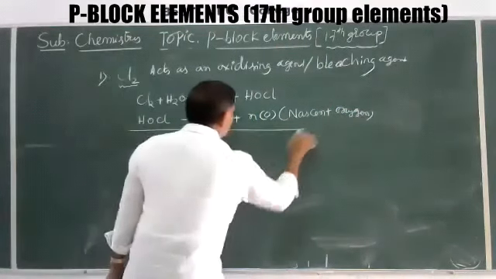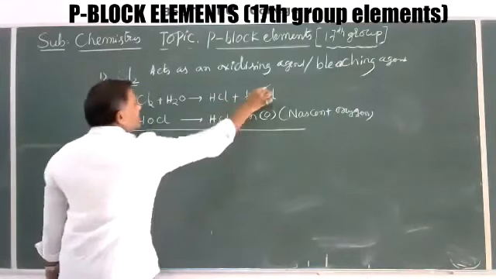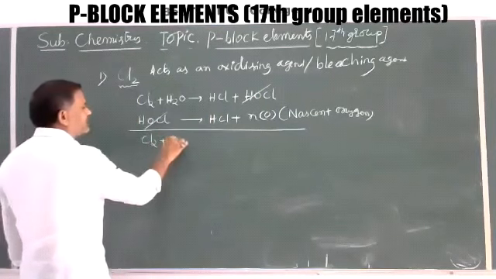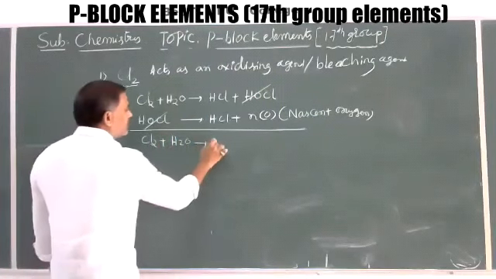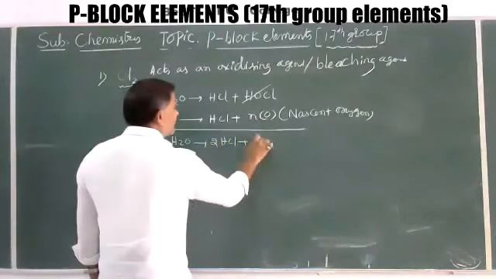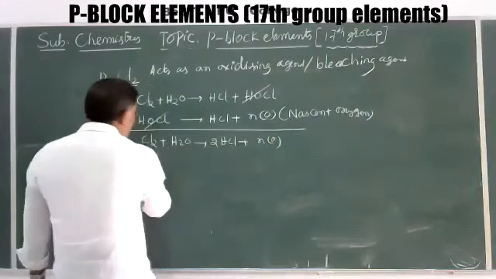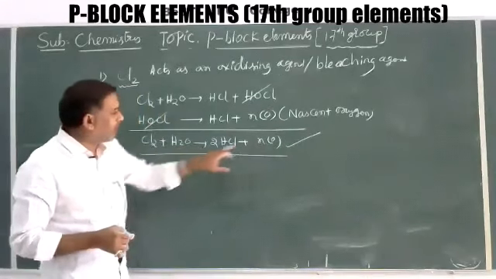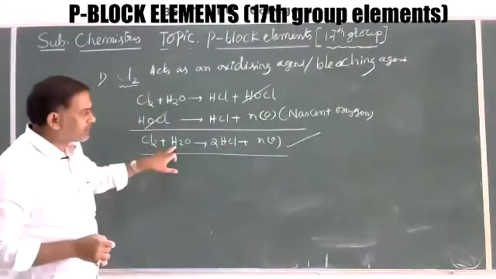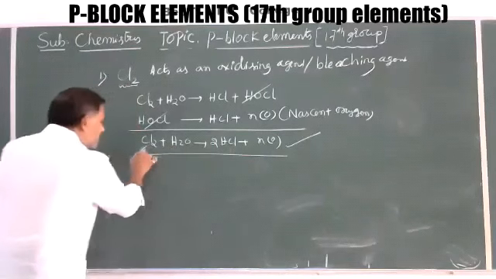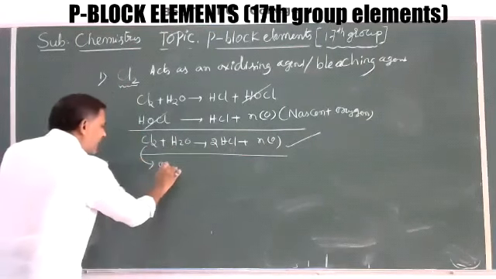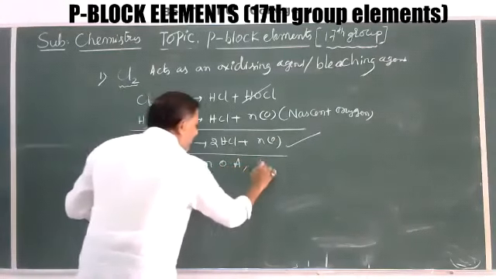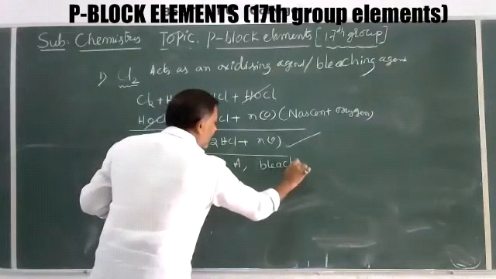Now by taking these two reactions, HOCl and HOCl cancel, giving Cl2 plus H2O gives 2HCl plus nascent oxygen. So due to the liberation of nascent oxygen in aqueous medium, this chlorine acts as an oxidizing agent as well as a bleaching agent.